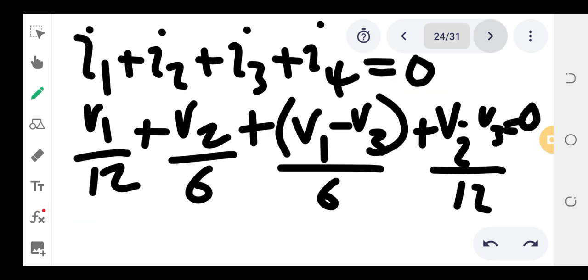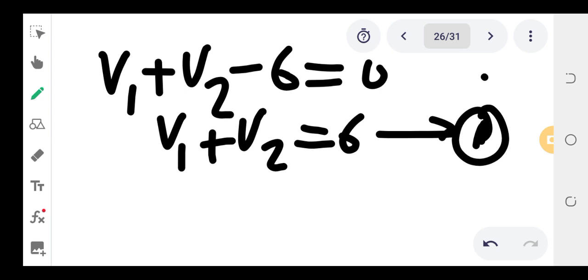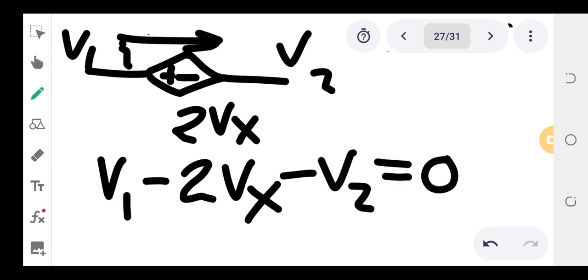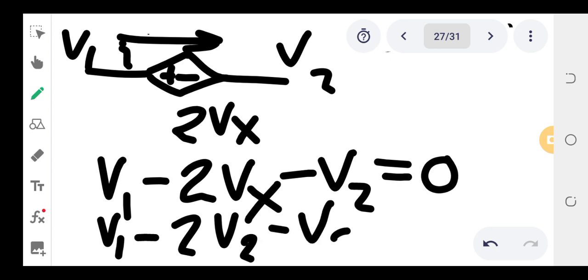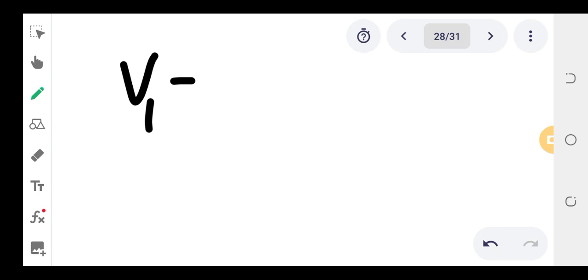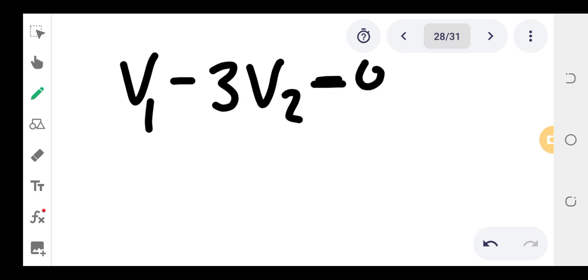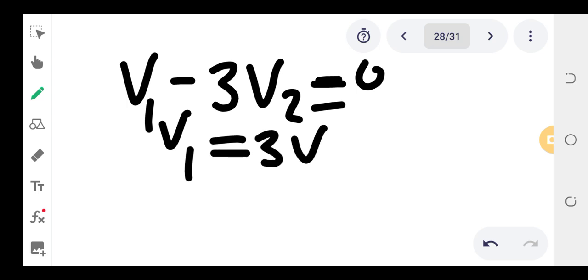So there we go, and we replace that again. We have V1 minus 2V2 minus V2, and this is 0. So we have V1 minus 3V2 equals 0, so V1 is equal to 3V2.